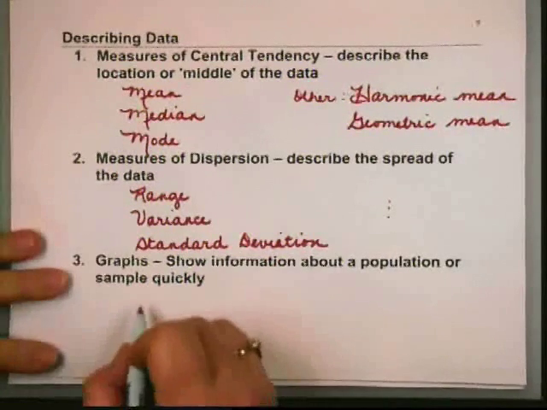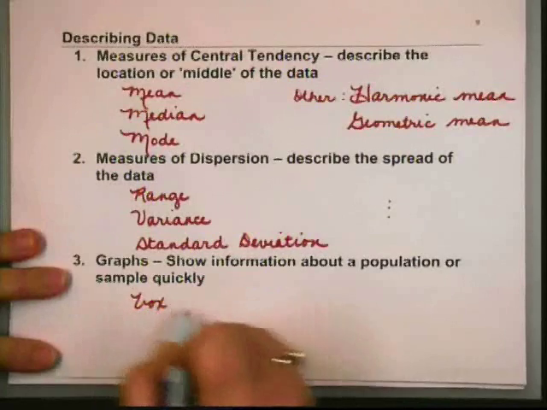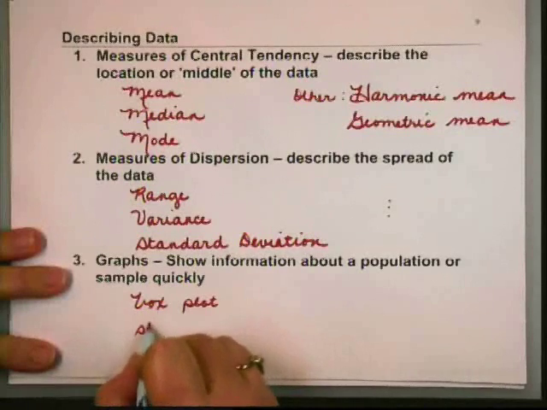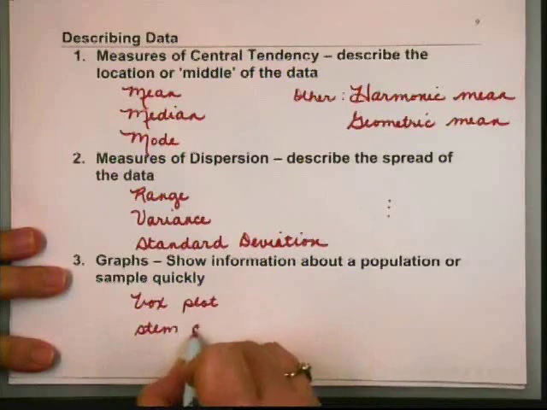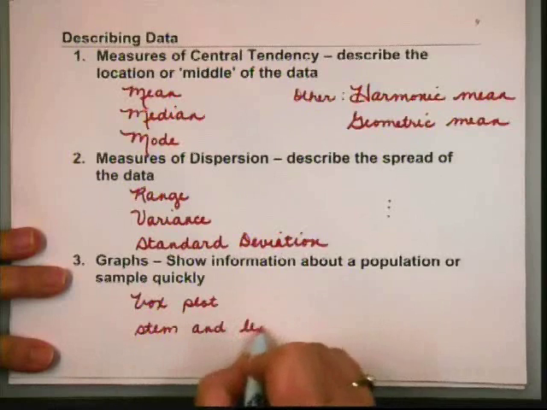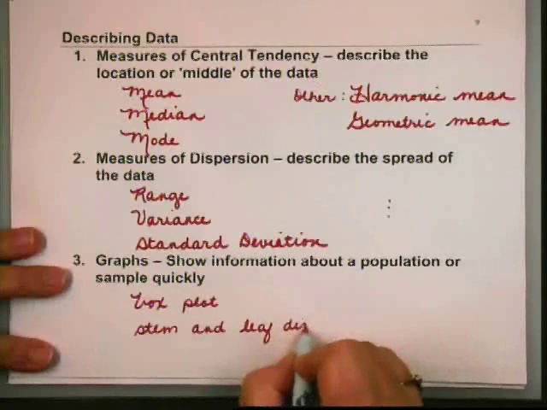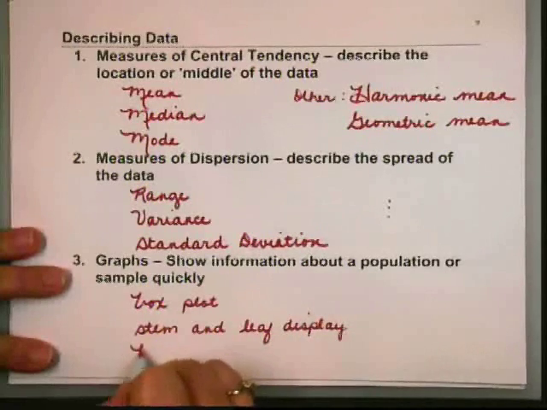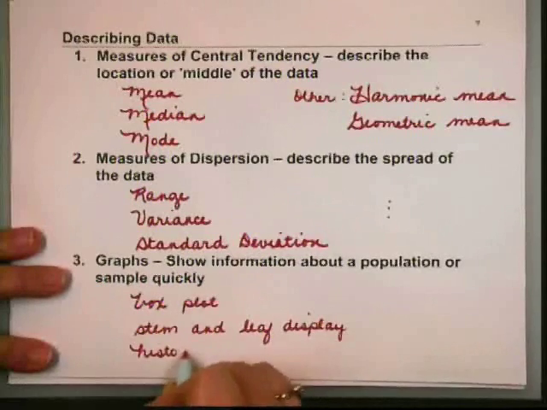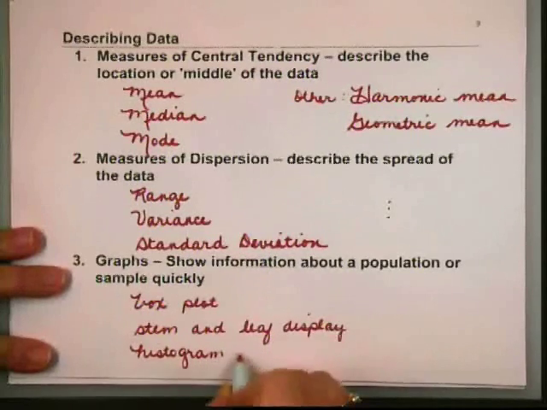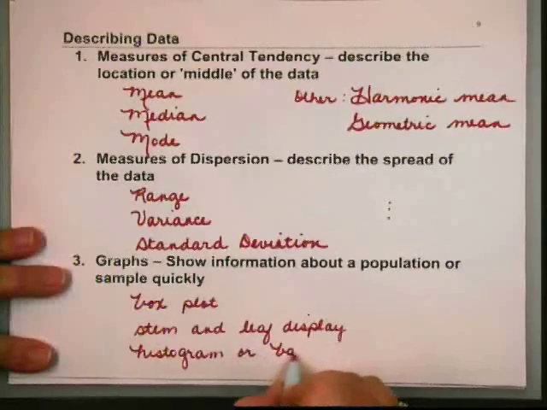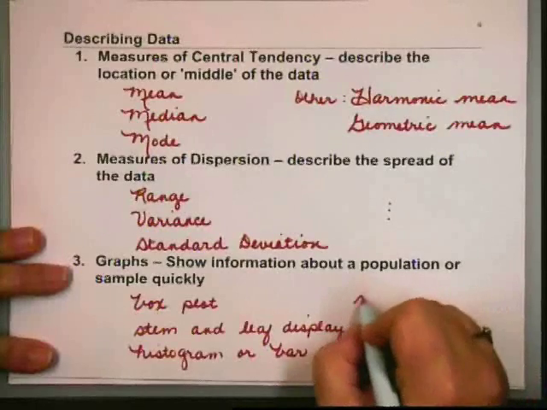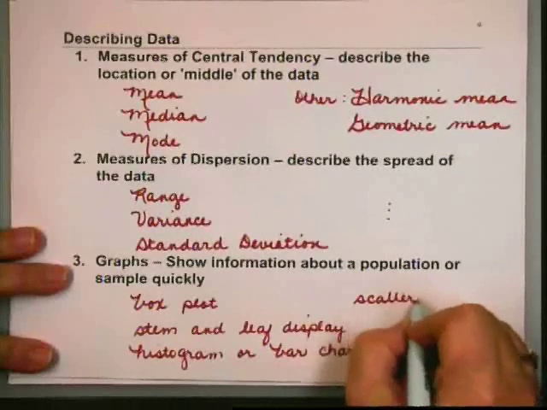A few that we'll talk about, though I don't get into a lot of the details in this course, are box plots, stem and leaf display, histogram or bar chart, and scatter plots.